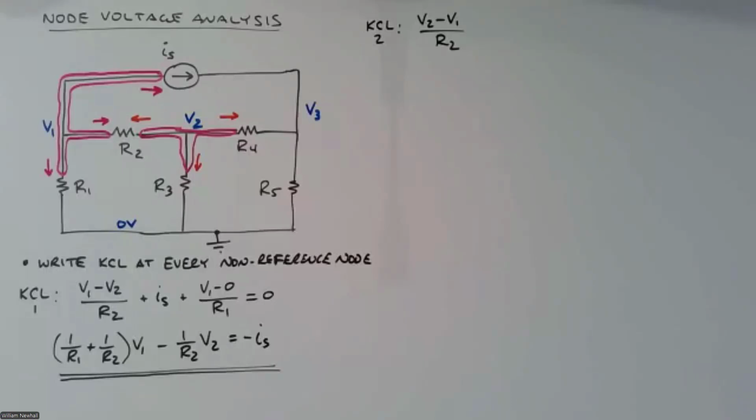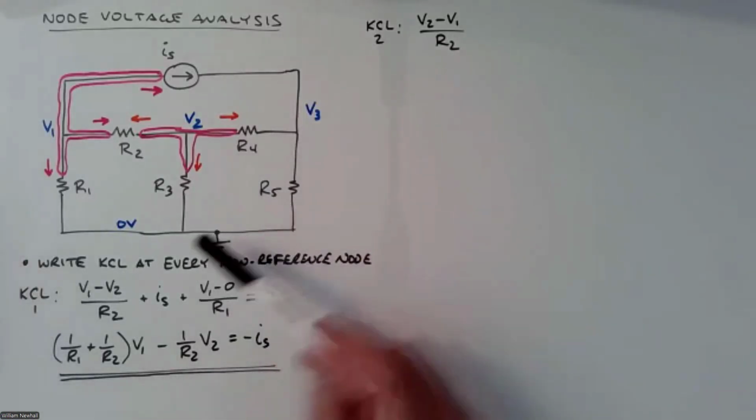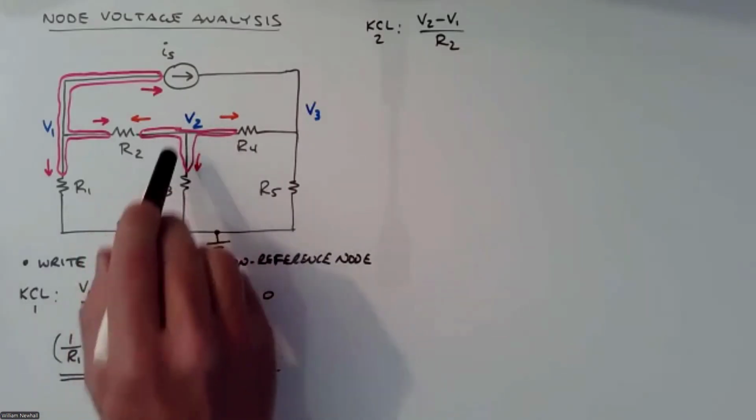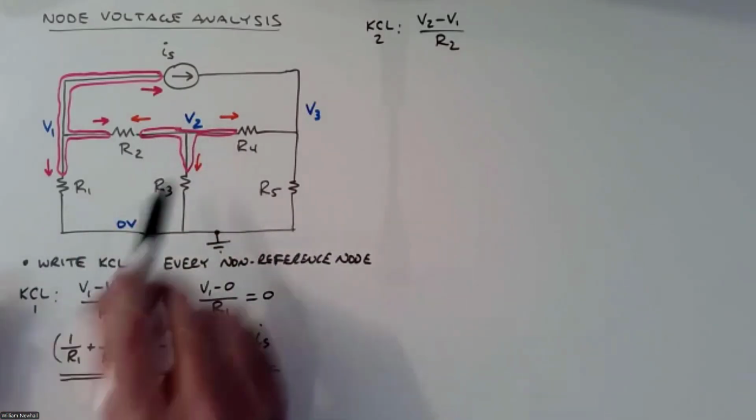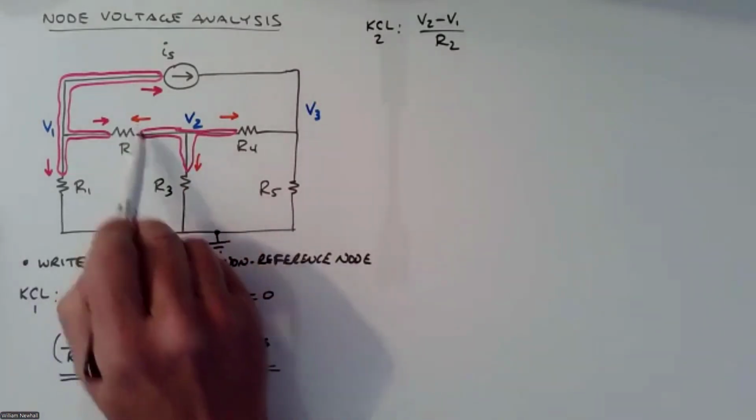So it's the same current, but just be consistent. I'm using the form of KCL where I sum the currents leaving the node I'm concentrating on. I sum all those currents leaving, and I set the sum equal to 0. Okay, so I'm summing these three currents.